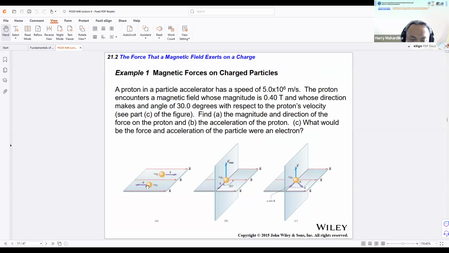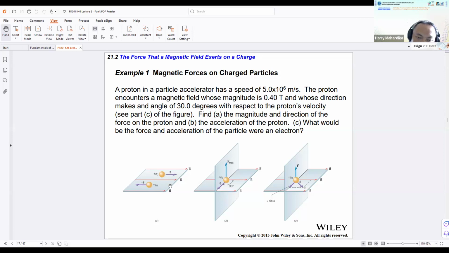What if we have this type of motion, where the charged particle moves to the left, and the external magnetic field is pointing to the right? One is moving to the left, but the external magnetic field goes toward the right. In this case, the magnetic force produced on the charged particle is also 0.